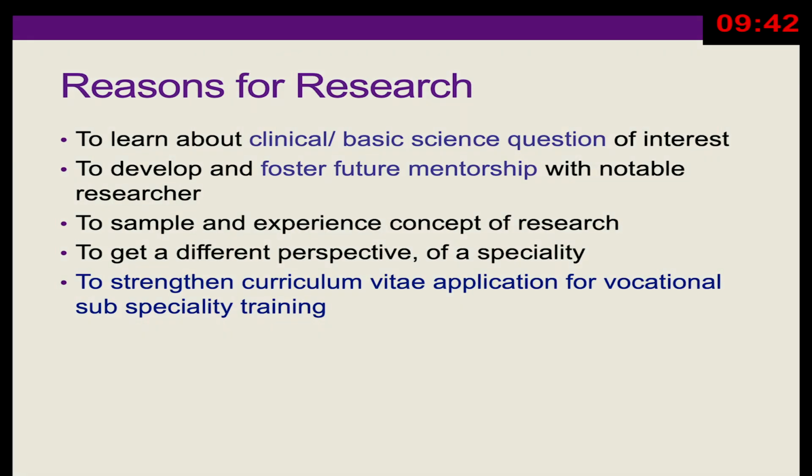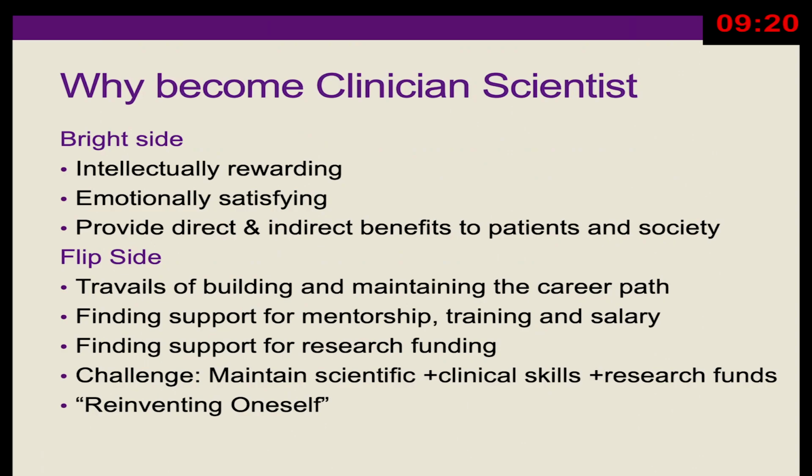But I think more importantly, when you're beginning your career, you don't actually start thinking that. So your goals are different. You either want to foster a future mentorship with a notable researcher, or you want to strengthen your curriculum vitae application for vocational subspecialty training or to get a job. So I think those are the two things which motivate you right in the beginning.